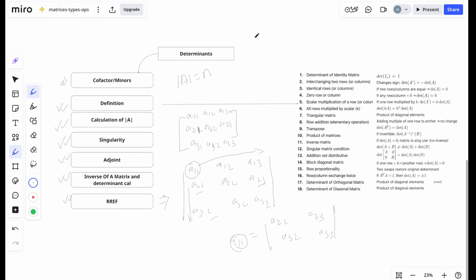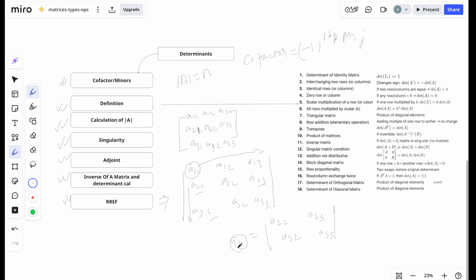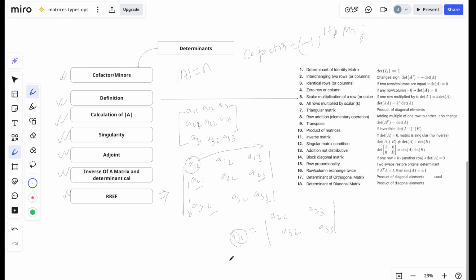Now let's understand the cofactor. What is a cofactor? By definition, a cofactor is defined as minus 1 to the power i plus j into Mij. So what do I mean by that? What will be the cofactor of A11?